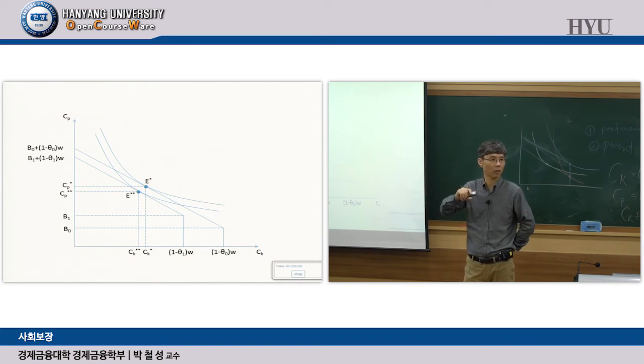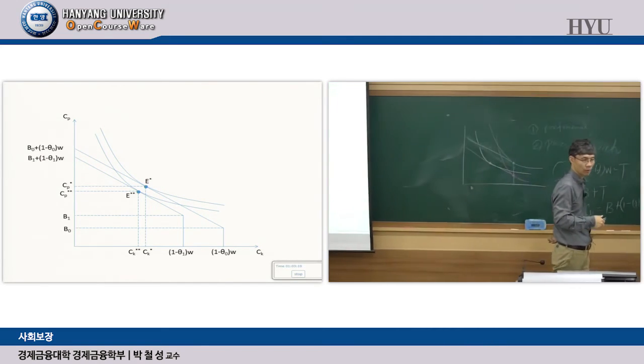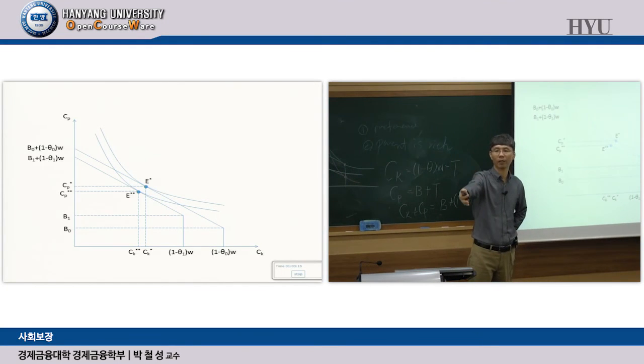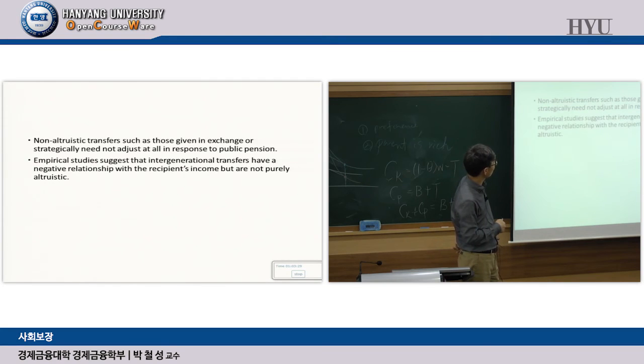It's going to be smaller because the transfer will be reduced. Okay, that's the basic idea. So if the parents got $1 more of their pension, the consumption of parents will increase, but not as much as $1. It's going to increase by less than $1. Okay, so that is the idea that we talked about.